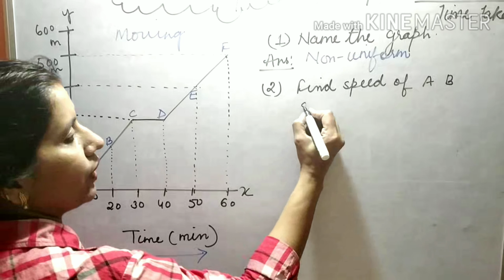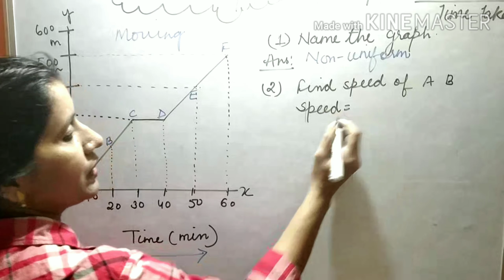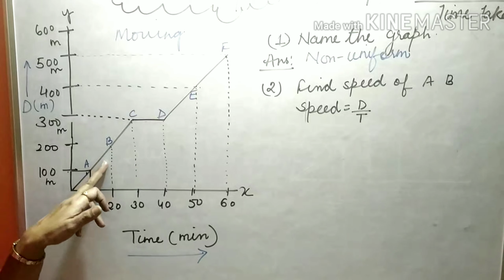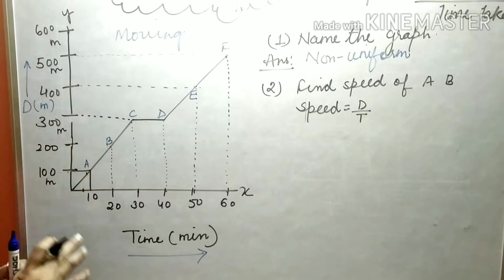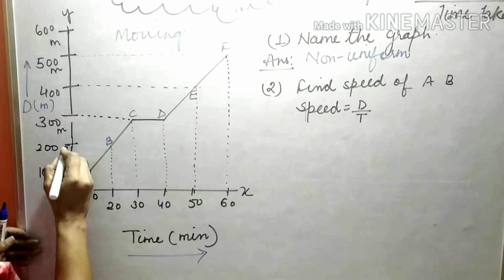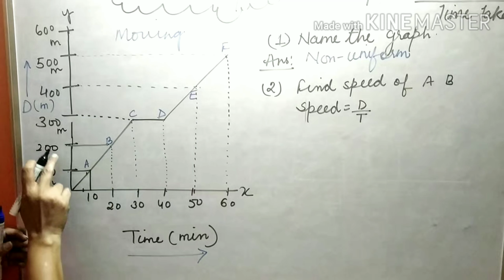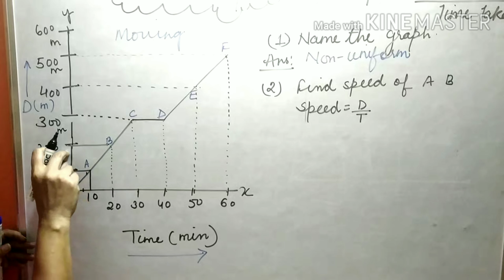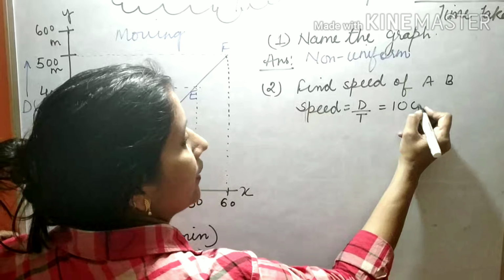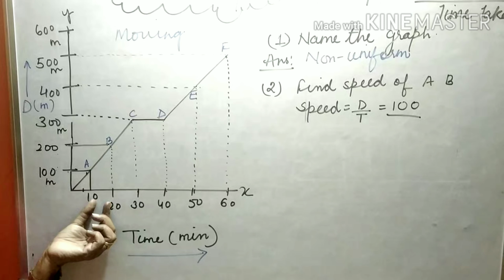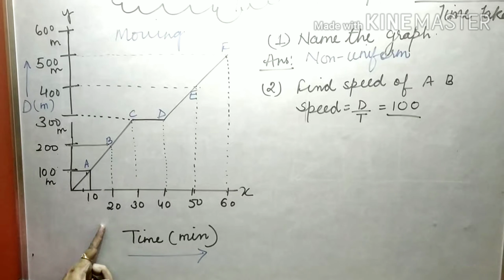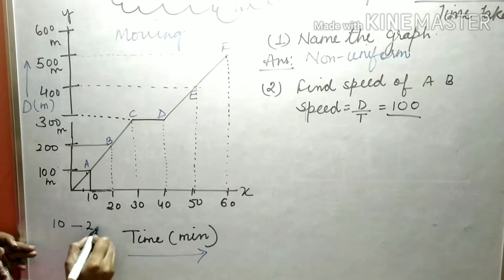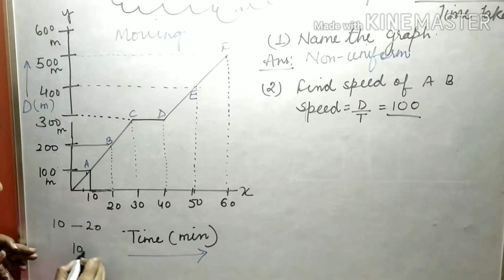Fine. So let's calculate. If you know the answer, please write down. Speed is equal to distance upon time. Now let's see how much distance it has covered between A and B. इसका जो डिस्टेंस कवर्ड है, लाइक दिस इज 100, 200, तो डिस्टेंस कितना हुआ? 100. इन दोनों को माइनस करो, आंसर इज 100. So distance is 100. Now let's see दोनों के बीच का टाइम कितना है? 10 और 20 बीच का टाइम मतलब ये कितनी देर में कवर हुआ? पहले 10 था, अब 20 मिनट्स हो गए, तो डिफरेंस क्या आया? 10 मिनट्स.